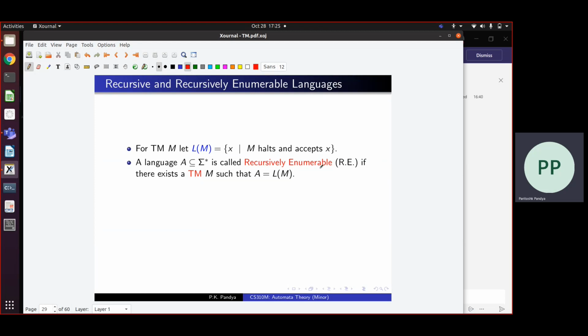This language is called recursively enumerable, in short written as R.E. A language A is called recursively enumerable if there exists a Turing machine M such that the language of the Turing machine is the same as A. That is, the Turing machine accepts exactly the words of A. M halts and accepts on all the strings which are in A, and for strings which are not in A, the Turing machine will either reject or loop. If that is the case, then we say that the language is recursively enumerable.